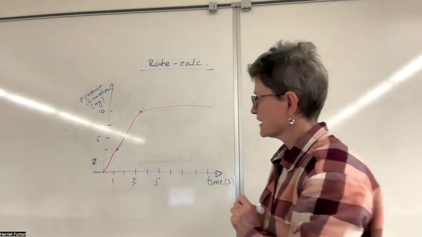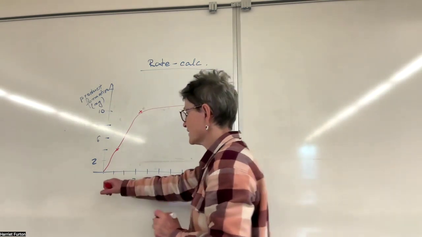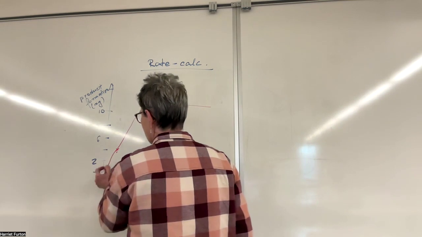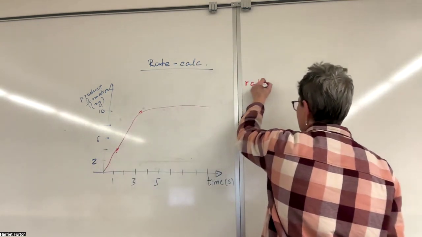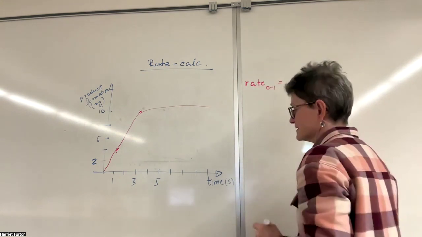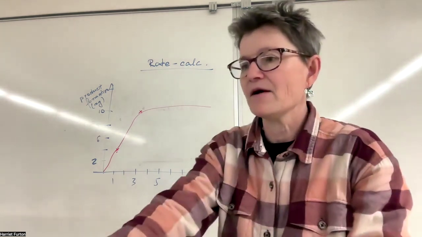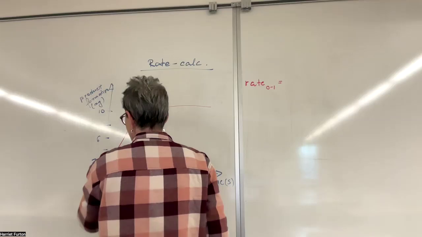Now, I would like to find the rate for the enzymatic reaction between 0 and 1 second. Figuring it out is the rise over run.